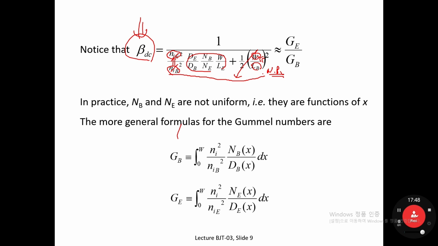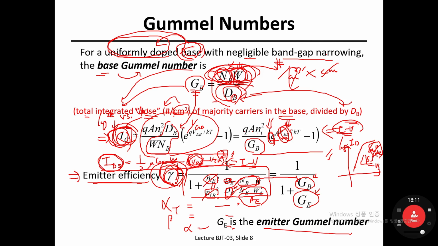Then in the end, you can see that the two Gummel numbers give us the beta value. So to know how much gain to expect from your BJT device, you should review your Gummel number.